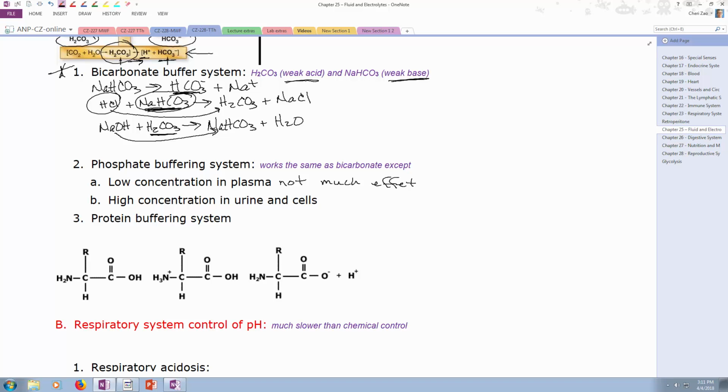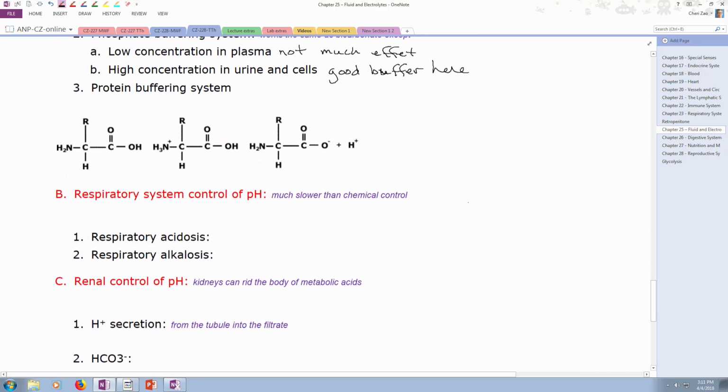But we have a high concentration in the urine and the cells of the urinary tract, and it means it's a good buffer here. And that's important because remember, we can secrete protons into the filtrate, and when we do so, we need to actually have that buffered. So the phosphate buffering system is really nice.